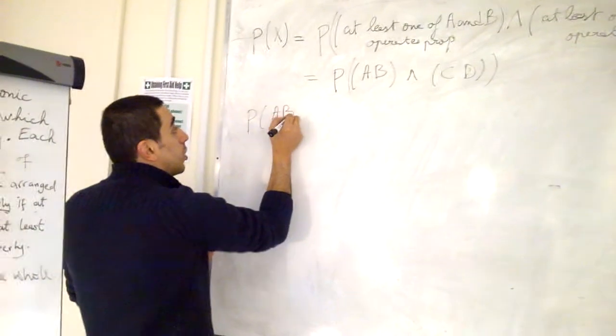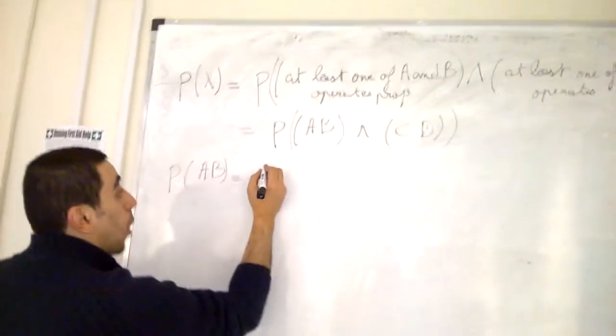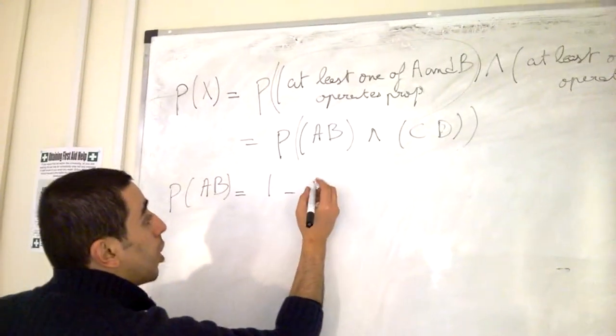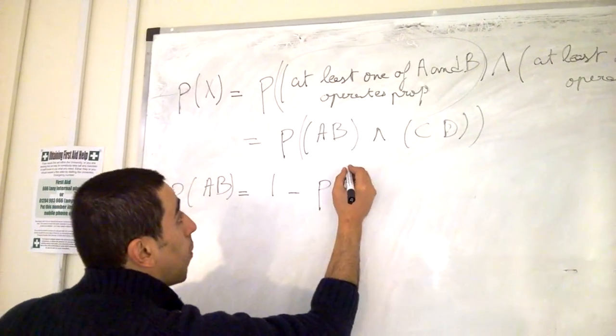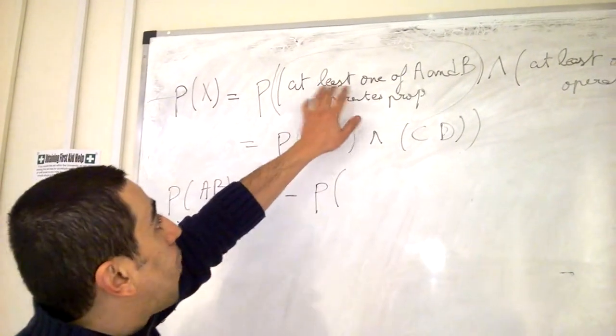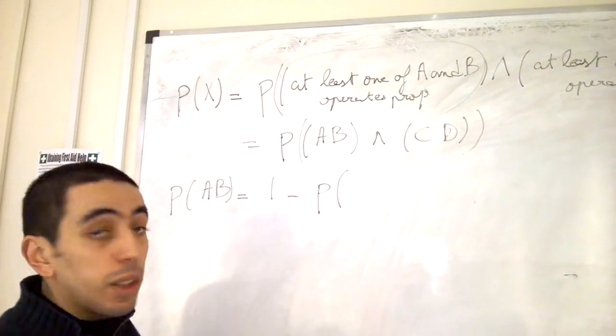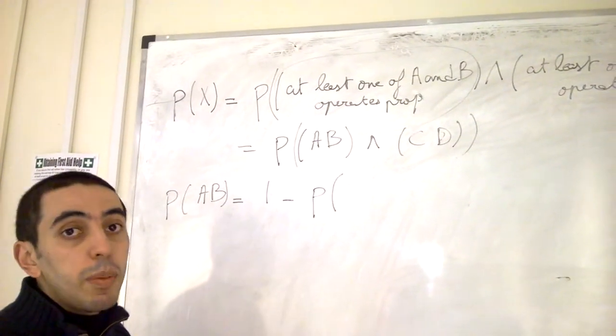So P(AB) is equal to 1 minus the probability of, so what is the opposite of at least one of them working? The opposite is none of them working.